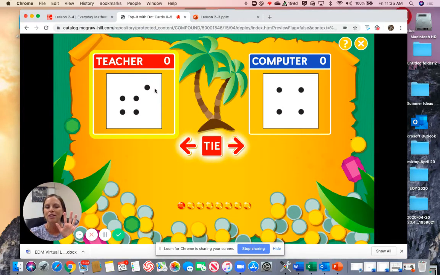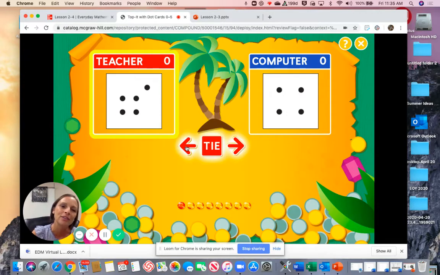Remember, sharing our thinking as mathematicians. And then here I see 4 dots also on this card. So, which card has the larger value or has more on it? I agree. Ours does.